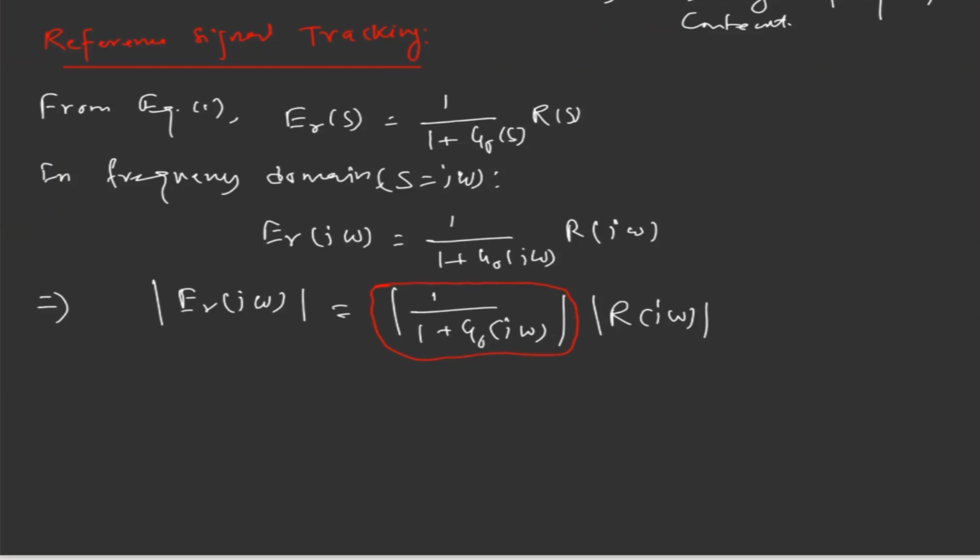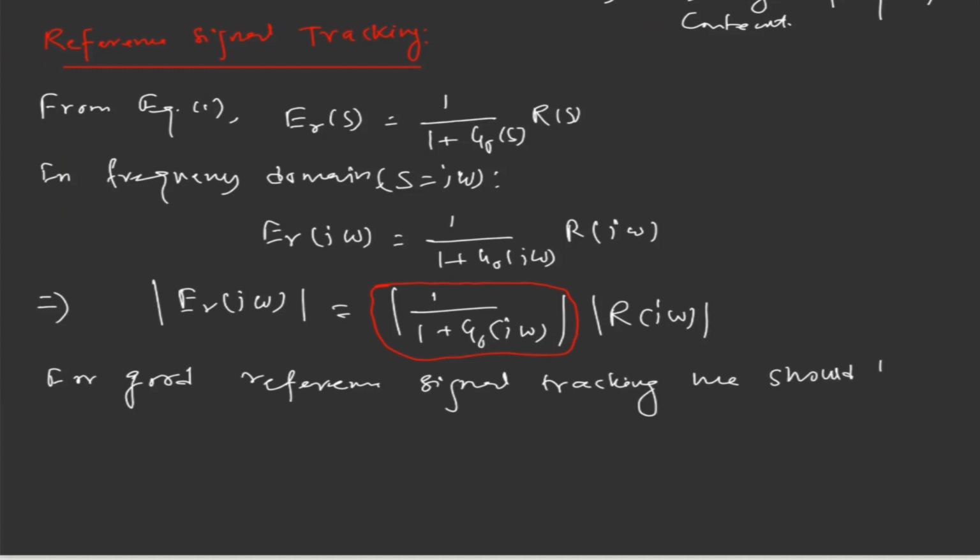So we can write, for good reference signal tracking, we should have, as a control engineer, we should be very careful that the error in the system should be zero. That is our main motivation. And based on this motivation, we are doing all these practices.